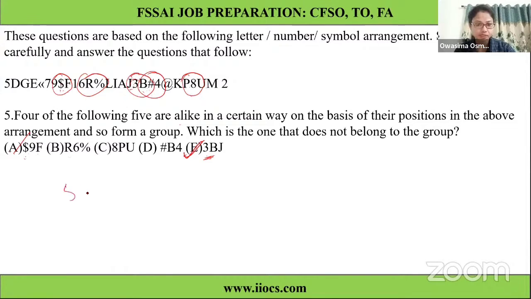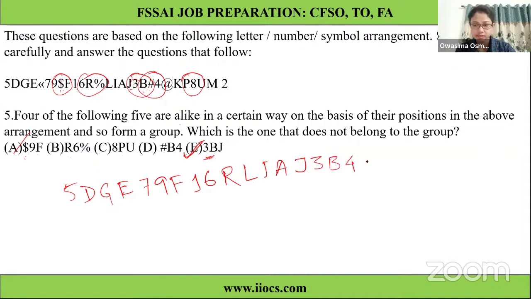So if we remove all the symbols, the series will be 5 D G E 7 9 F 1 6 R L I A J 3 B 4 K P 8 U M 2.